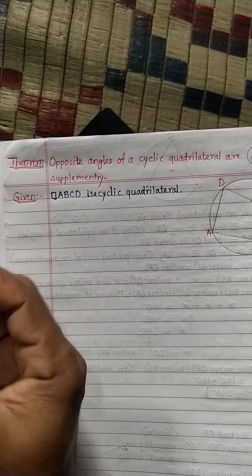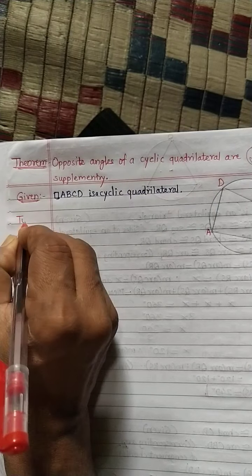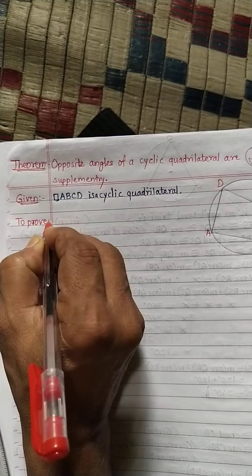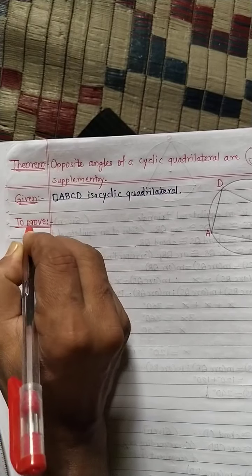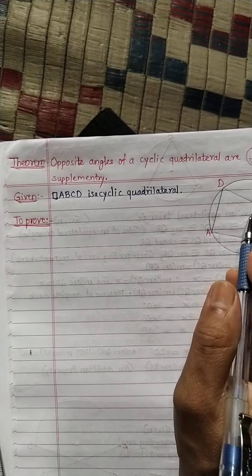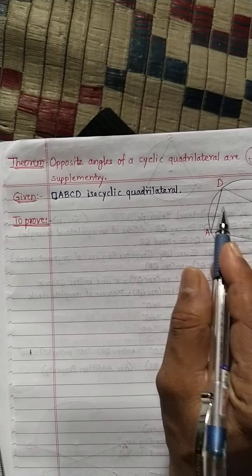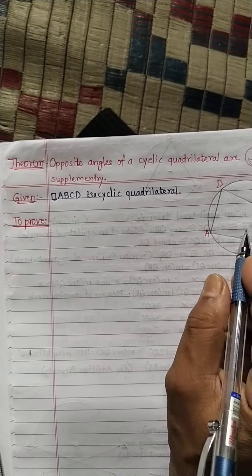Okay, now to prove: opposite angles of a cyclic quadrilateral are supplementary, means their sum is 180 degrees.